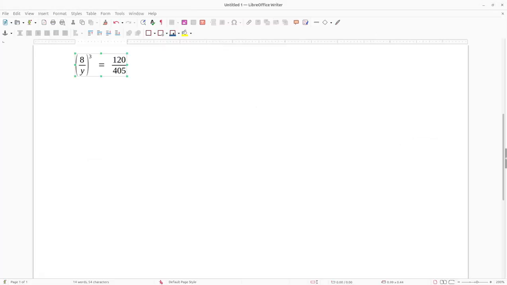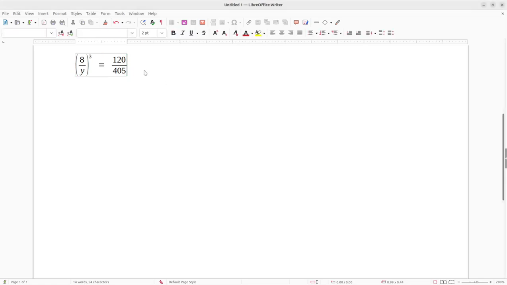Let me bring this here to this working space to work with it on this side. Then you have 8 over y, and since it's in 1 dimension, you have to cube that so that it matches the dimensions of the volume, which is 120 over 405.